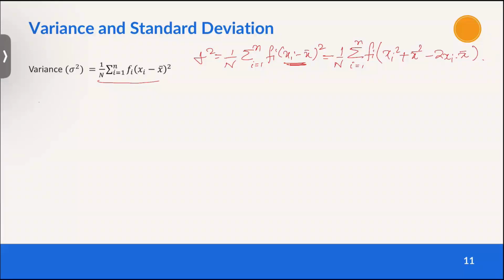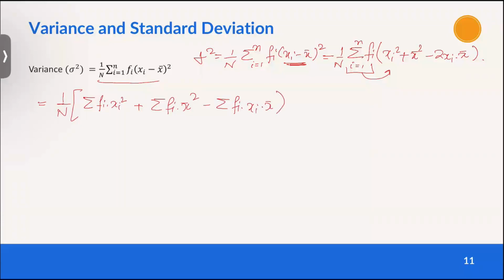Okay. So we will take this term inside. So we'll get 1 by n summation of fi times xi squared plus summation of fi times x bar squared minus 2 times summation of fi times xi times x bar.